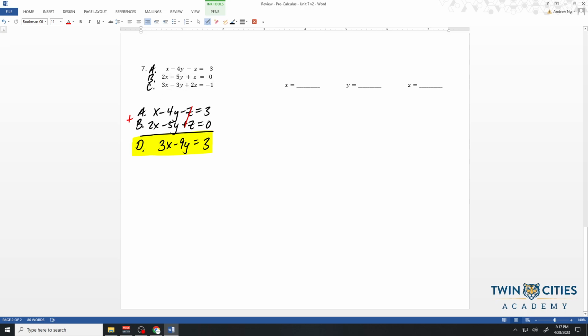So let's do 2B and then C. 2 times B is going to be 4x minus 10y plus 2z is equal to 0. And then C is exactly as it reads. 3x minus 3y plus 2z is equal to -1.